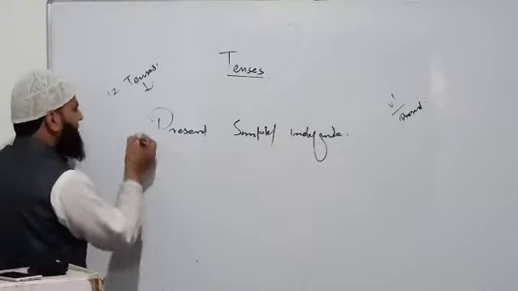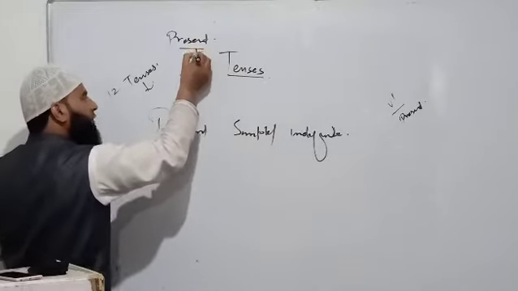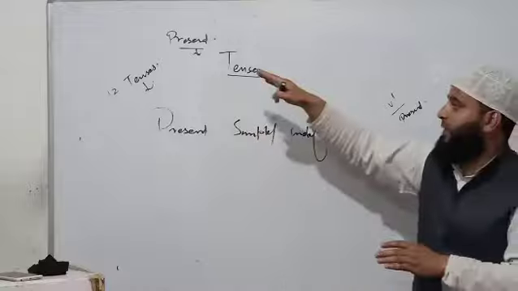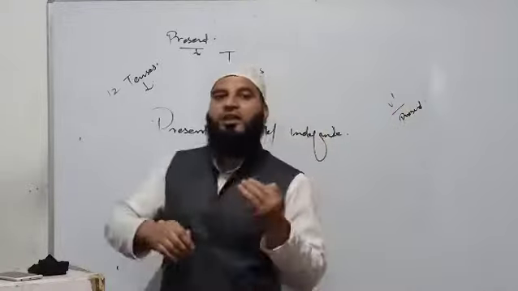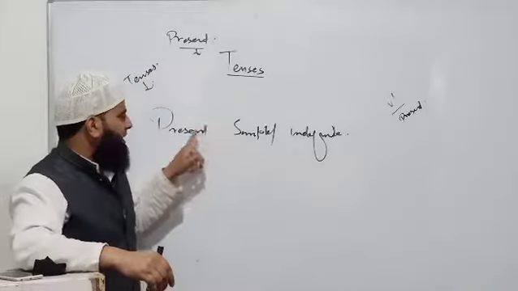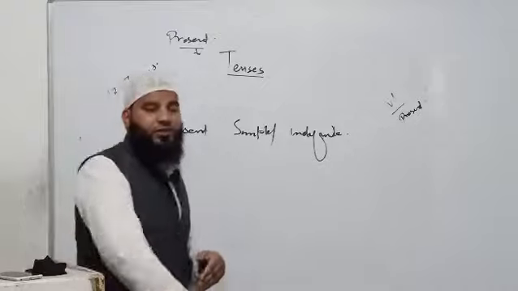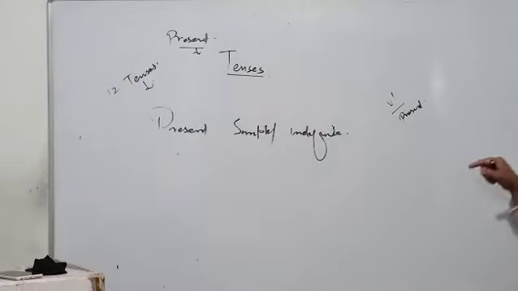If we analyze the tenses you will be answering on my questioning, that there are three tenses: present, past, and future. In present, we have four subclasses. Present simple, second is present continuous, third is present perfect, and the fourth one is present perfect continuous.